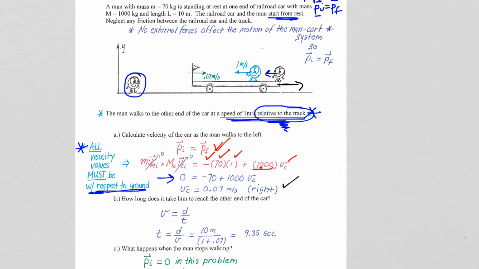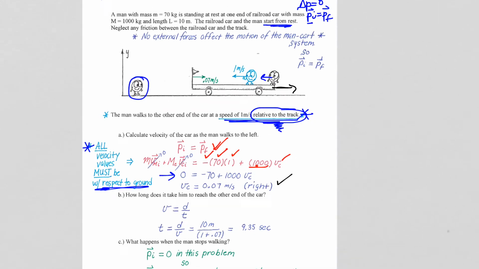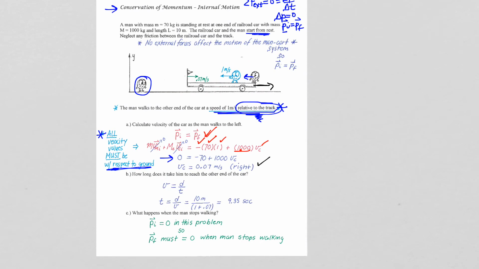This is where the problem gets to be a little bit tricky if they go on and ask you to solve for how long it takes the man to go from where he started at the end of the cart to touch the flag at the front of the cart.